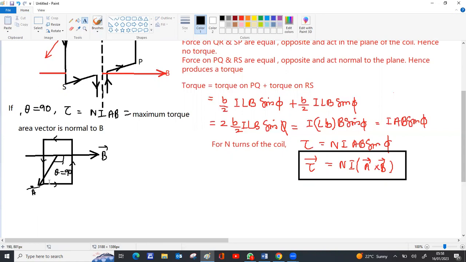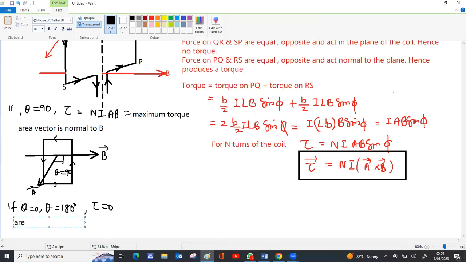Now, if theta is 0 or 180 degrees, sin 0 will be 0, so torque will be 0. Here, theta 0 means the area vector has to be parallel or anti-parallel to magnetic field.